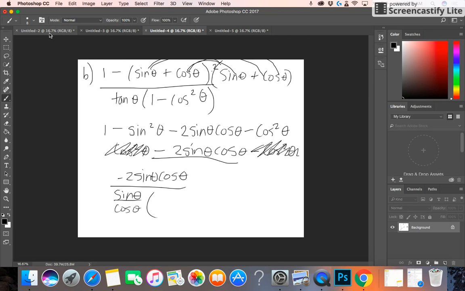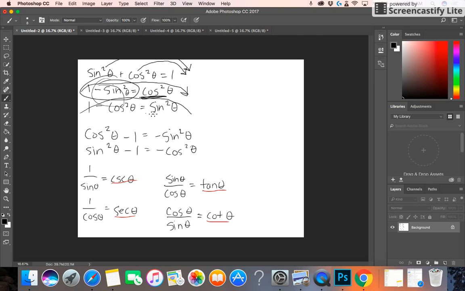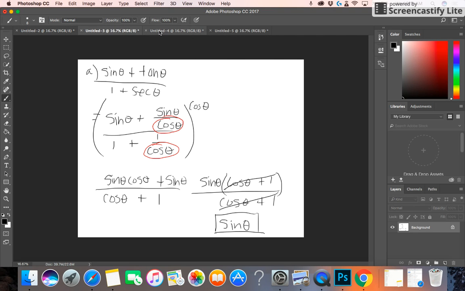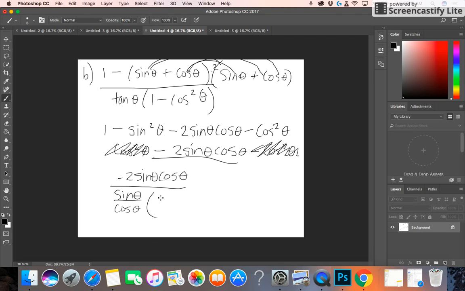And 1 minus cosine squared, like we learned before, can also be written as sine squared. If we change that into sine squared, it's being multiplied by the sine over cosine, so you would get negative 2 sine cosine over sine cubed over cosine.